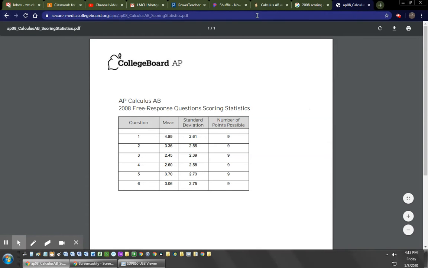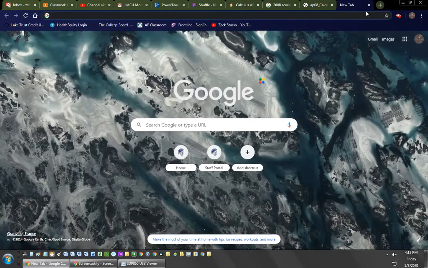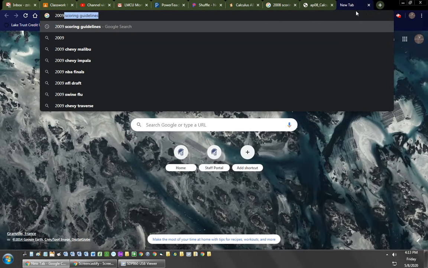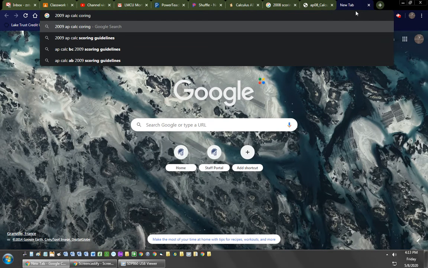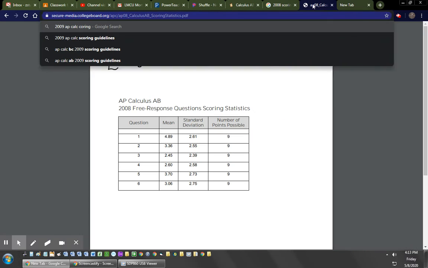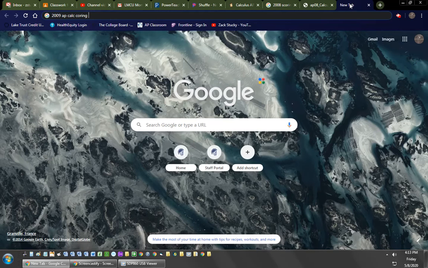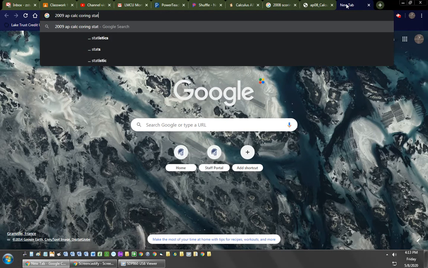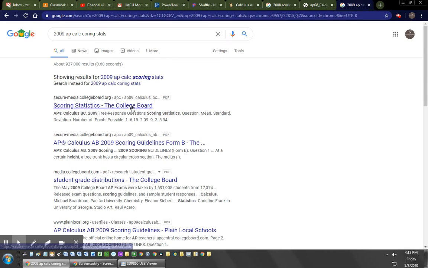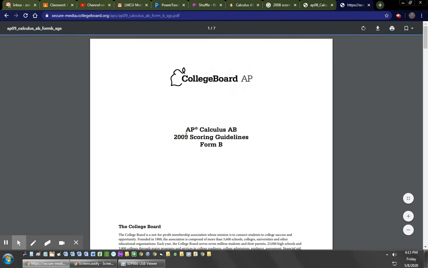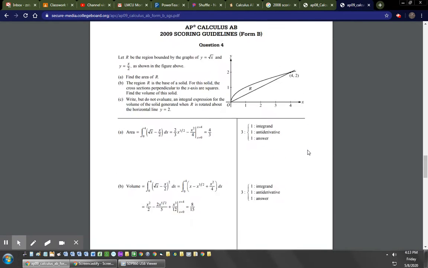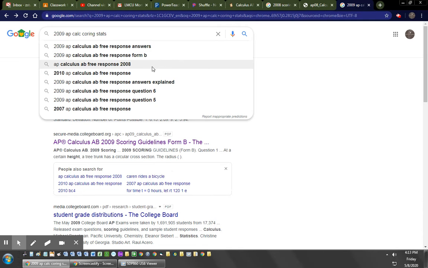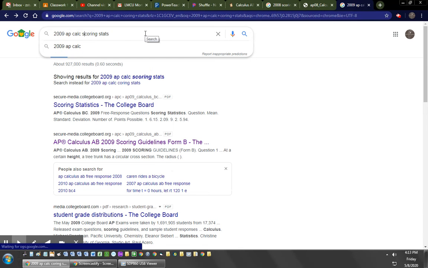So let me do a quick search. 2009, AP Calc, scoring stats. Luckily, Google takes care of my spelling for me. I'm talking about how easy it is to find this.